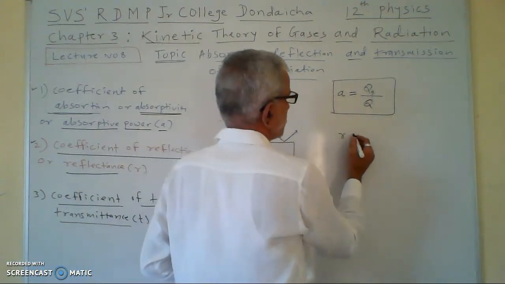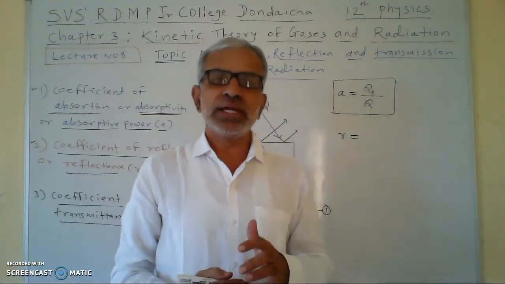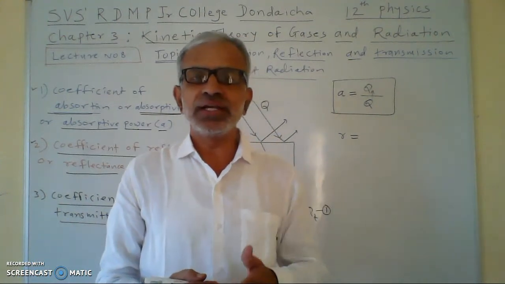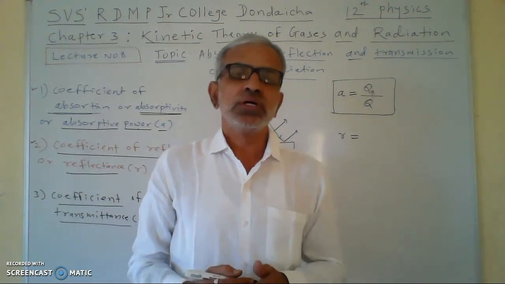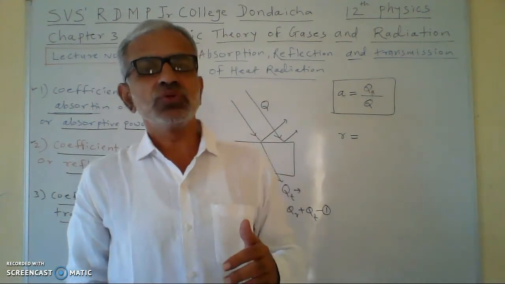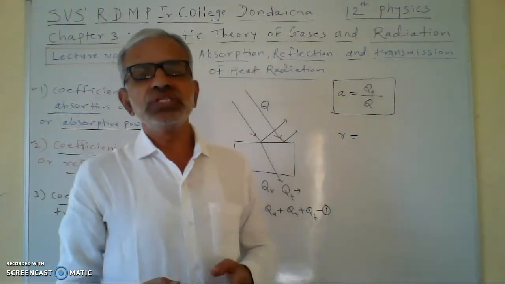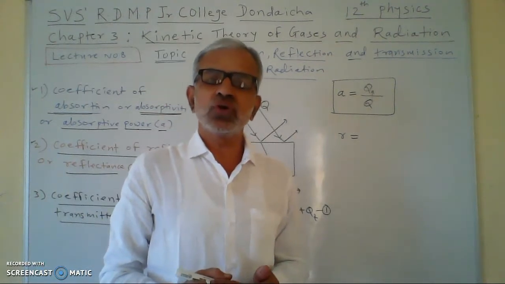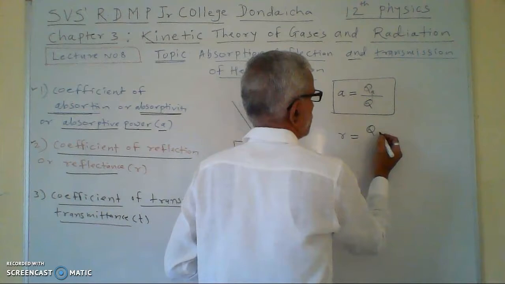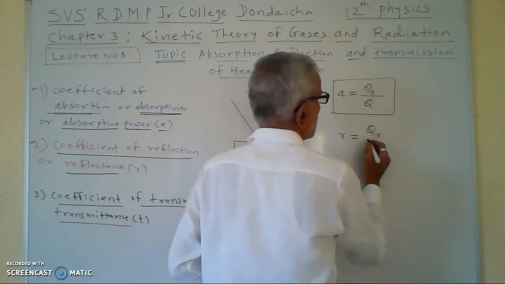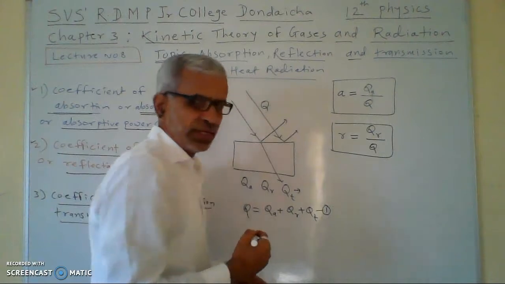Coefficient of reflection is defined as the ratio of radiant energy or radiant heat reflected by the body to the radiant energy which is incident on the body, called coefficient of reflection or it is also called the reflectivity. So reflectivity R is equal to QR divided by Q.